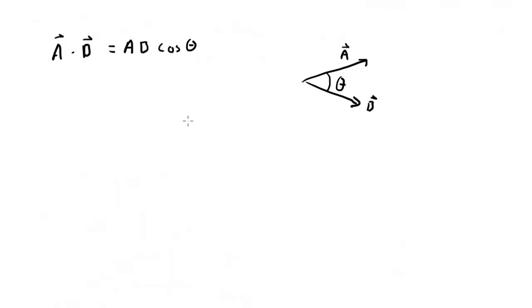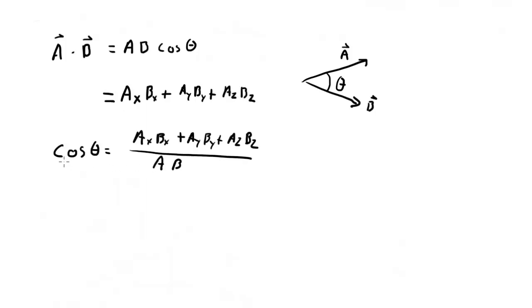If we have both of these vectors written in Cartesian notation, we can prove to ourselves, which we won't do here, that the dot product is equivalent to AX times BX plus AY times BY plus AZ times BZ. Therefore, the cosine of theta is equal to AX times BX plus AY times BY plus AZ times BZ, divided by the magnitude of A times the magnitude of B.